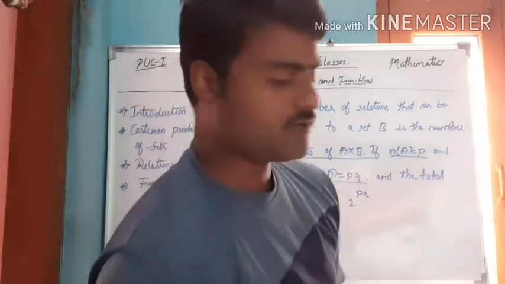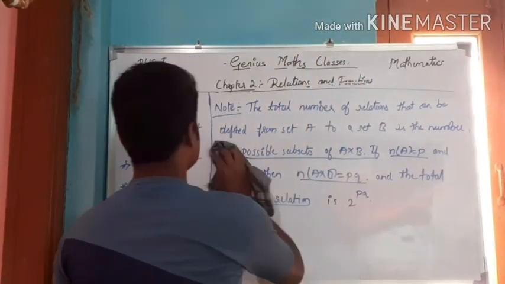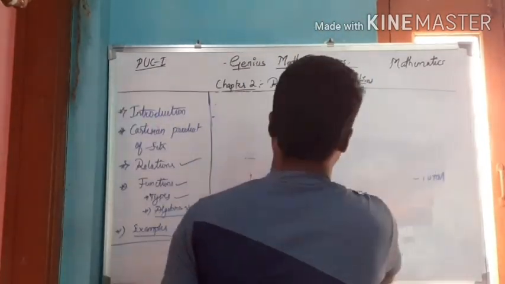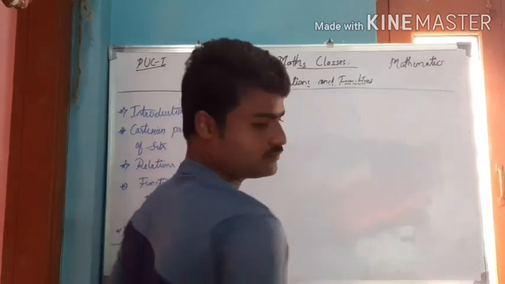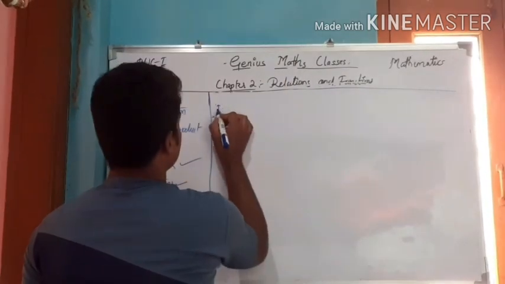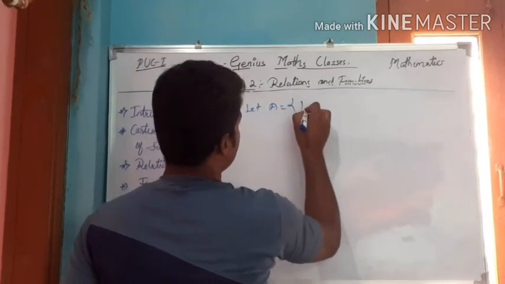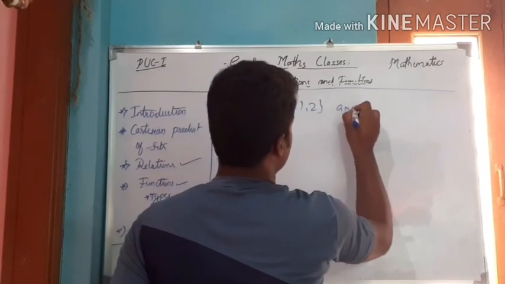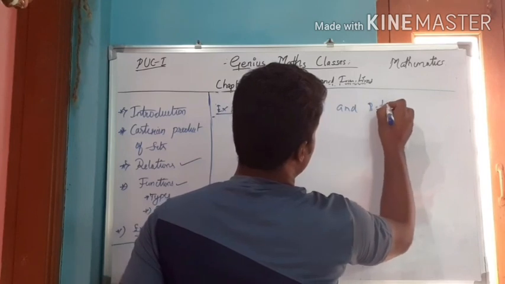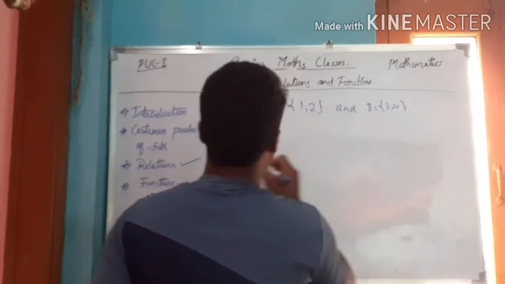So let me consider an example. Let A equal {1, 2} and B equal {3, 4}.